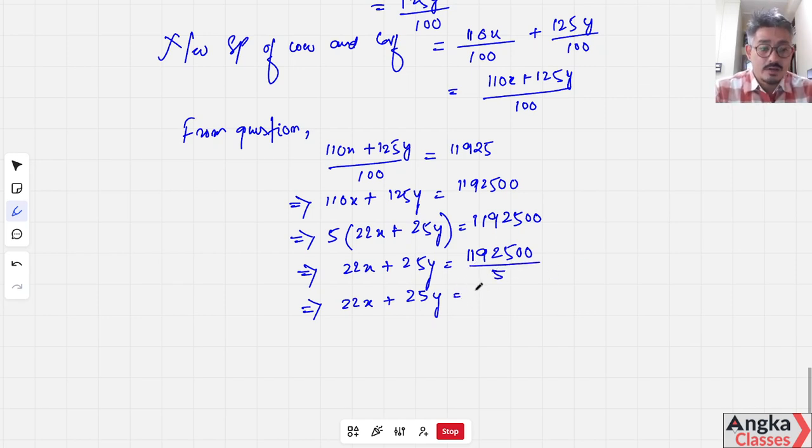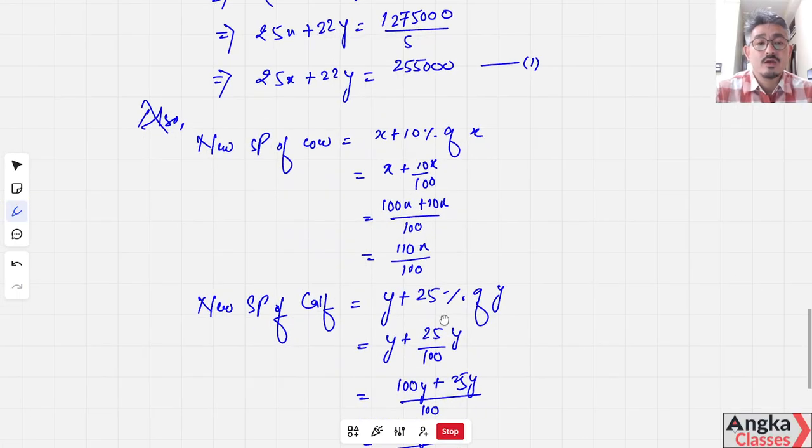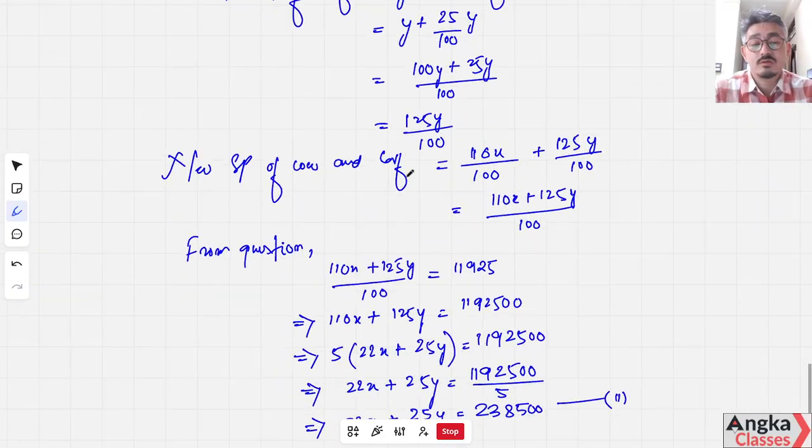So we have 238500. We call this equation 2. So we have equation 1 and equation 2. Now we will use the substitution method.